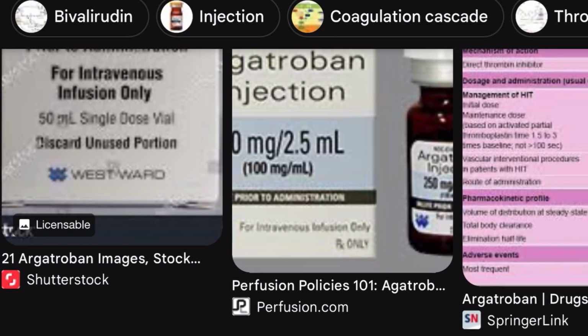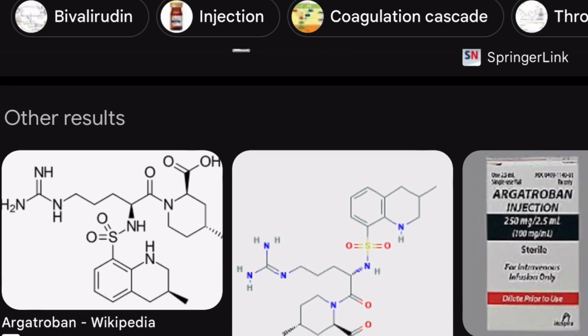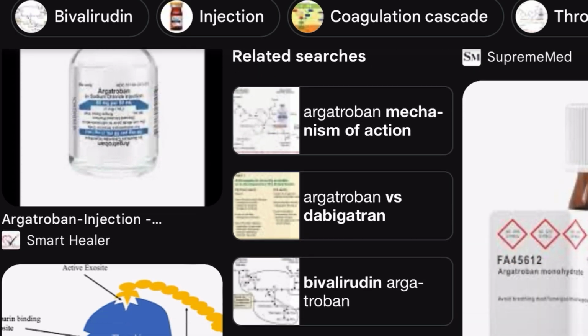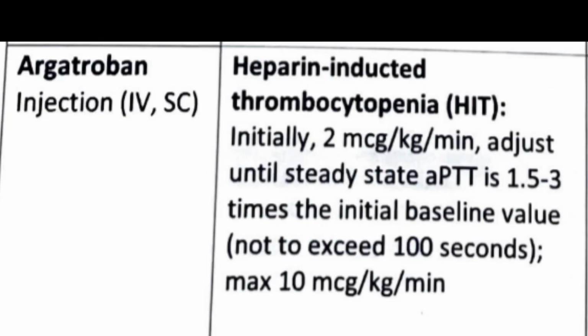Next option here we have argatroban. It's 2 micrograms per kilogram per minute until the aPTT is 1.5 to 3 times the initial baseline, but not to exceed 100 seconds. The max dose is going to be 10 micrograms per kilogram per minute.